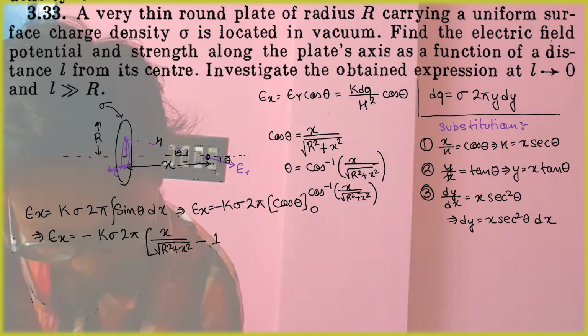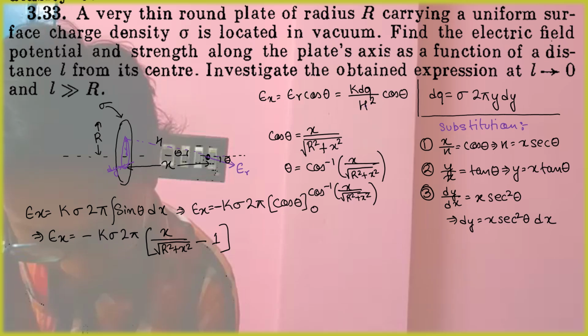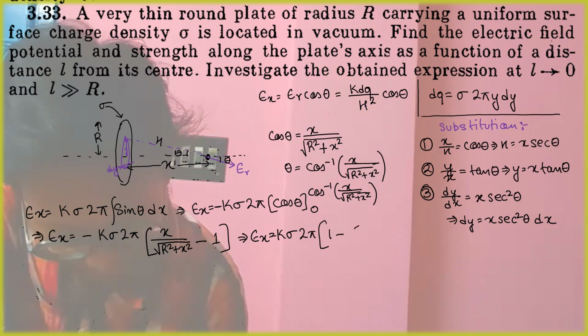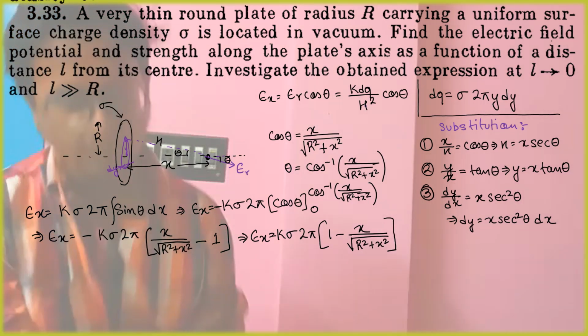What is cos of 0? 1. And if I multiply this minus inside this bracket, Ex is equal to how much? K sigma 2 pi into 1 minus x by under root of r square plus x square. So this is the value of electric field.